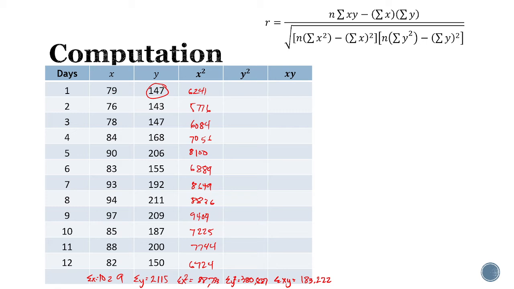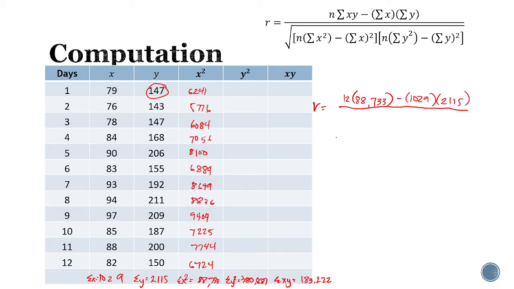Okay? So in that, our R will be 12 times the summation of x times y, which is 88,733, minus the summation of x, which is our 1,029. Then summation of y, which is 2,115.